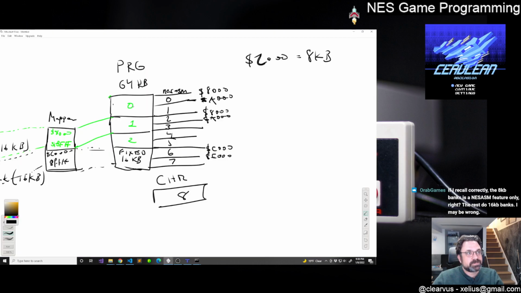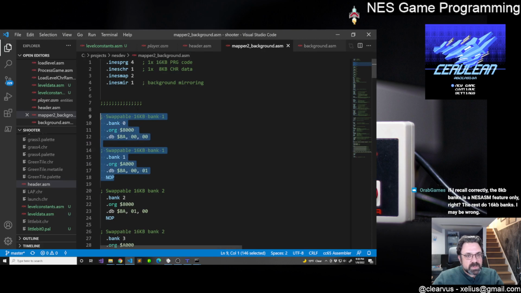All right. Yeah, I'm pretty sure the 8K banks is a limitation of NESASM. I'm almost 100% positive that in CA65, you can define the bank size to be whatever you want it to be. So you would be able to define it as being 16K.